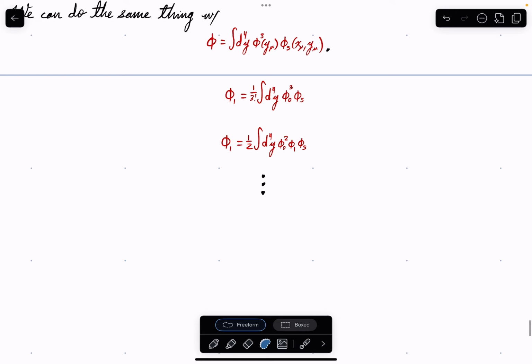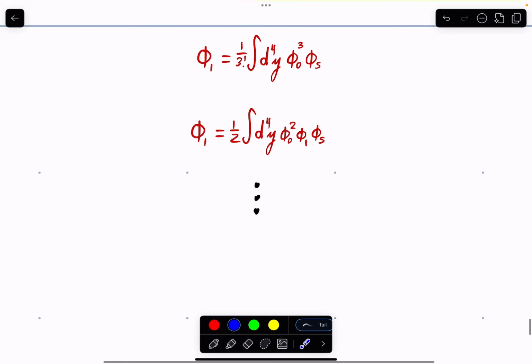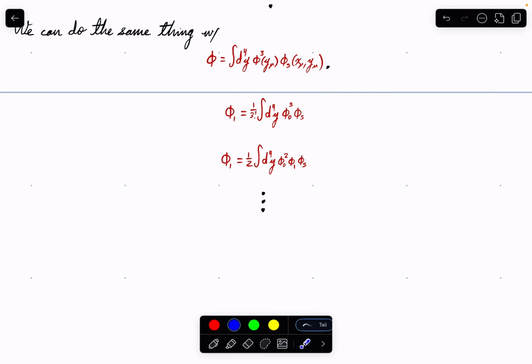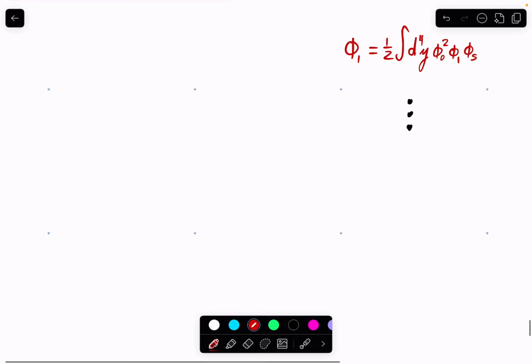So let's try to interpret what these phi naught cubed, phi naught squared, phi1 are in line with the phi s's here. So phi naught is the free field, which means that phi1, think about it like nodes. So we have a node here and a node here.